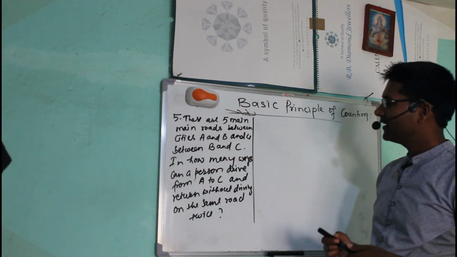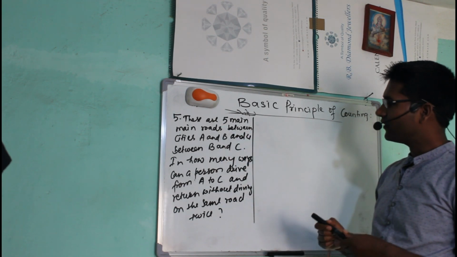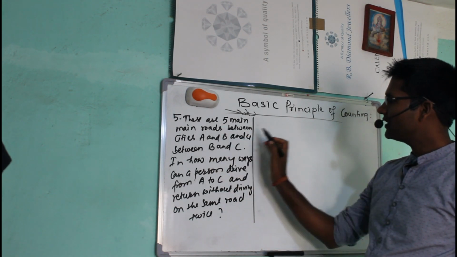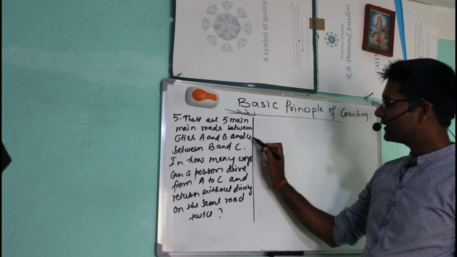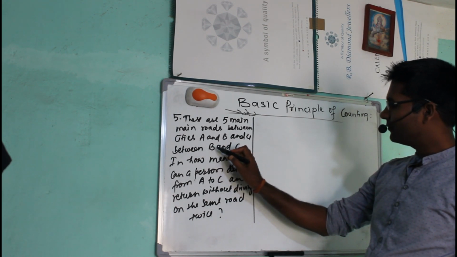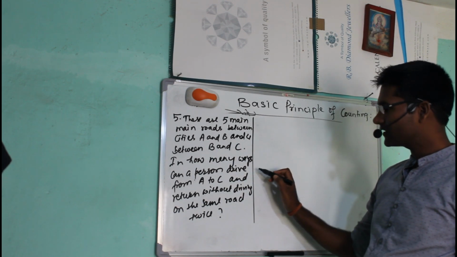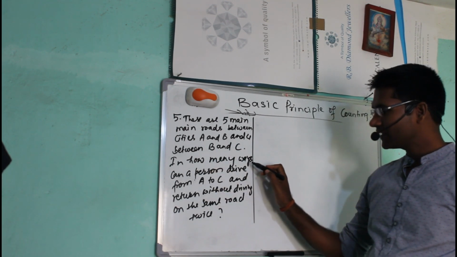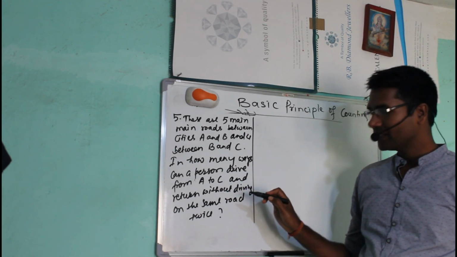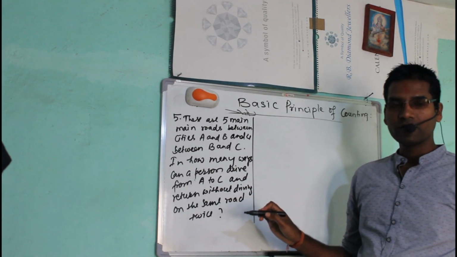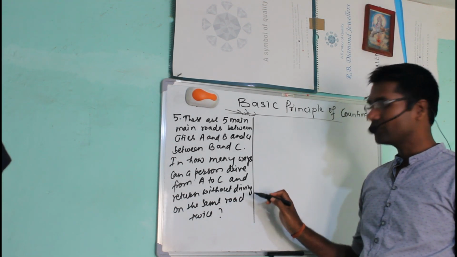Hope you understood this. The question is, there are 5 main roads between cities A and B and 4 between cities B and C. In how many ways can a person drive from A to C and return without driving on the same road twice?